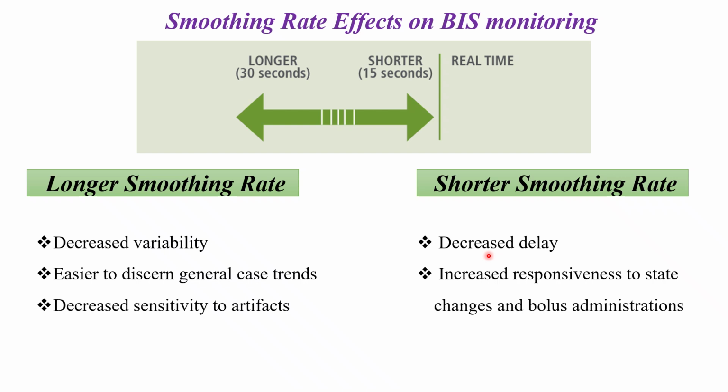It is more sensitive to rapid clinical events such as drug administration, allowing faster detection of changes in the patient's consciousness or sedation depth. So the overall clinical implications are: longer smoothing is useful when you want a stable overview during steady state anesthesia. Shorter smoothing is preferred during induction, emergence, or when closely monitoring rapid changes in sedation.